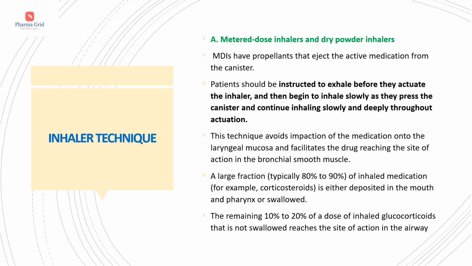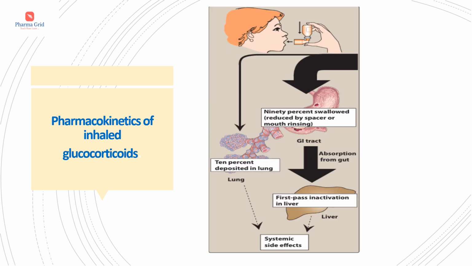A large fraction, typically 80% to 90% of the inhaled medication, for example corticosteroids, is either deposited in the mouth and pharynx or swallowed. The remaining 10% to 20% of a dose of inhaled glucocorticoids that is not swallowed reaches the site of action in the airway. Pharmacokinetics of inhaled glucocorticoids: 90% of inhaled glucocorticoids get swallowed.